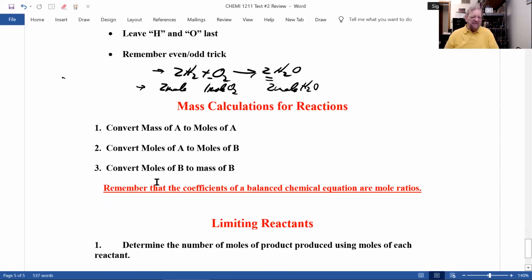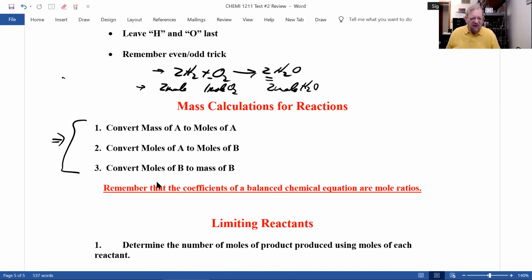There's a 3-step, and this I will give to you. This is important information, test number 2, which will be at the back of your test, last 2 pages, and the mass calculations. Step 1, whatever you're given in grams, you convert to moles, which you've learned how to do, I hope.